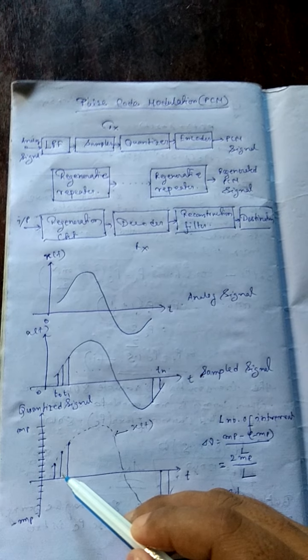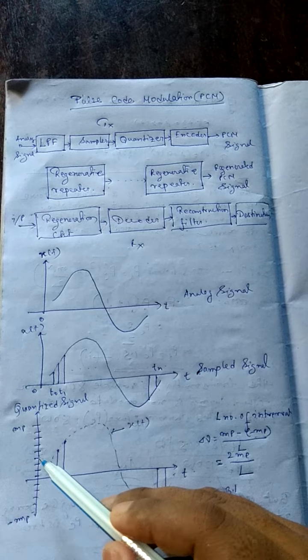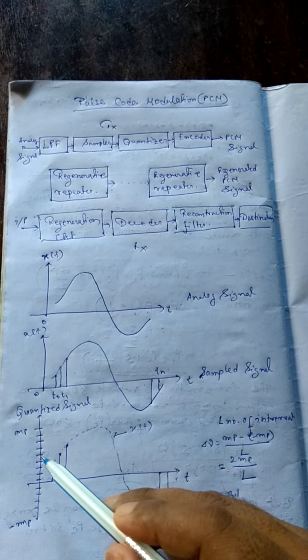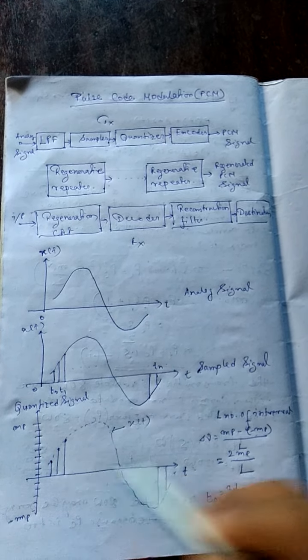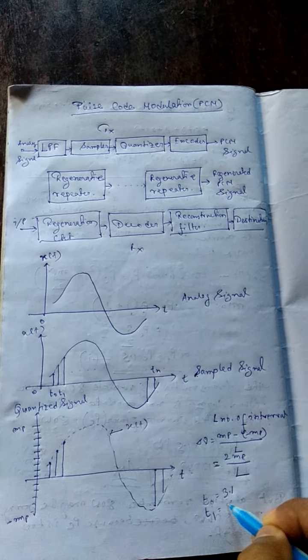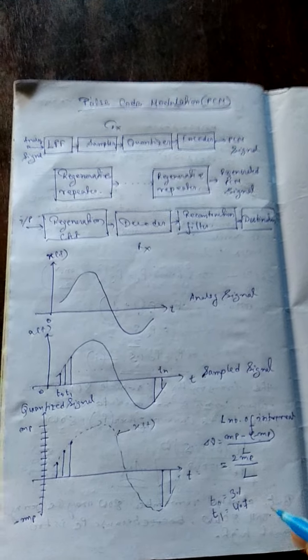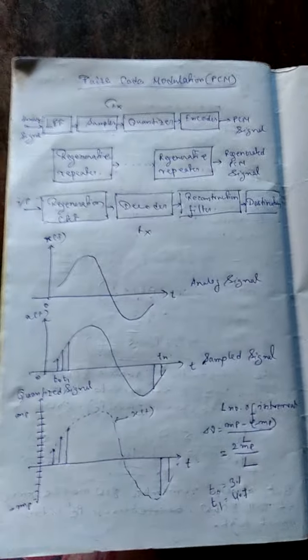Next, at the t1 position, the amplitude is between 4 and 5, tending toward 5, so we assume the amplitude at t1 is 4.7.